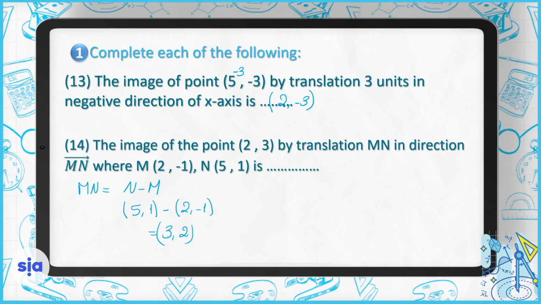So this is the translation that we have. If I have the point 2, 3, if I add here 3 and I add here 2, the image will be 5 and 5.